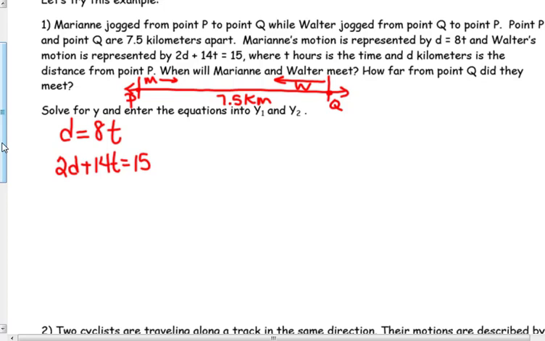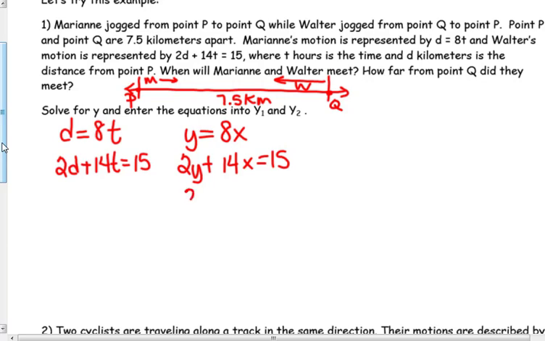So solve for y and enter the equations into y1 and y2. Well, I don't have a y in here, but I could change this. Distance equals y and time is x, since time goes on the x-axis. So I could write y equals 8x. And d is y, so 2y plus 14x equals 15. Well, y equals 8x is already solved for y.